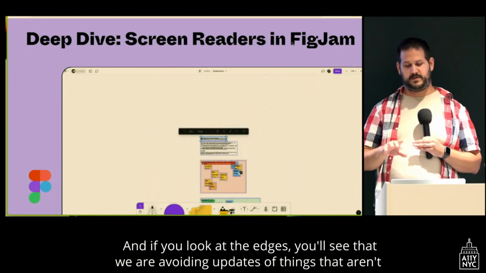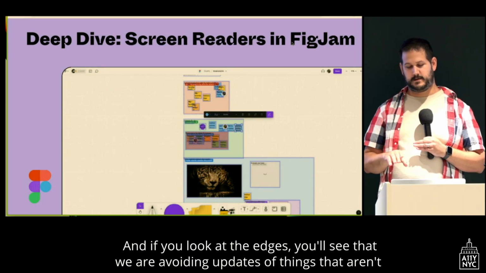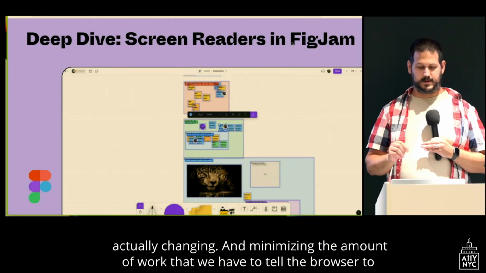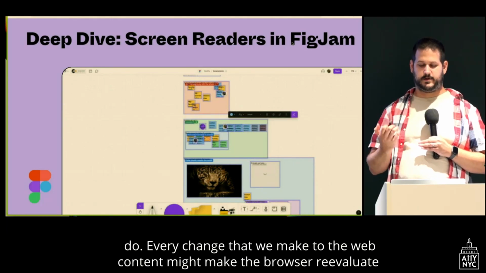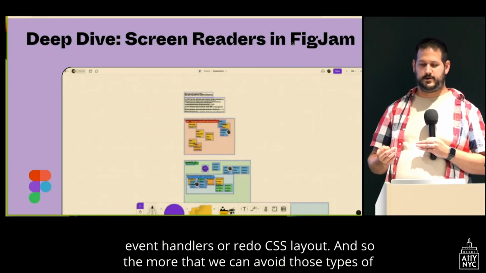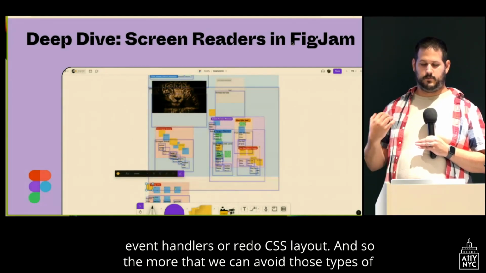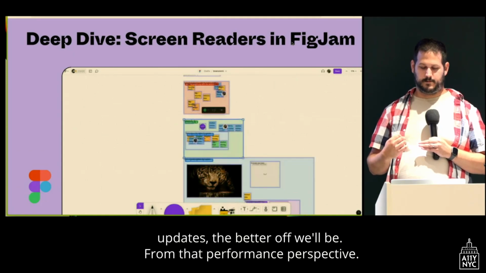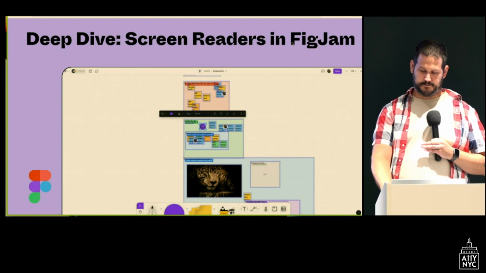And if you look at the edges, you'll see that we are avoiding updates of things that aren't actually changing, and minimizing the amount of work that we have to tell the browser to do. Every change that we make to the web content might make the browser reevaluate event handlers or redo CSS layout. And so the more that we can avoid those types of updates, the better off we'll be from that performance perspective.